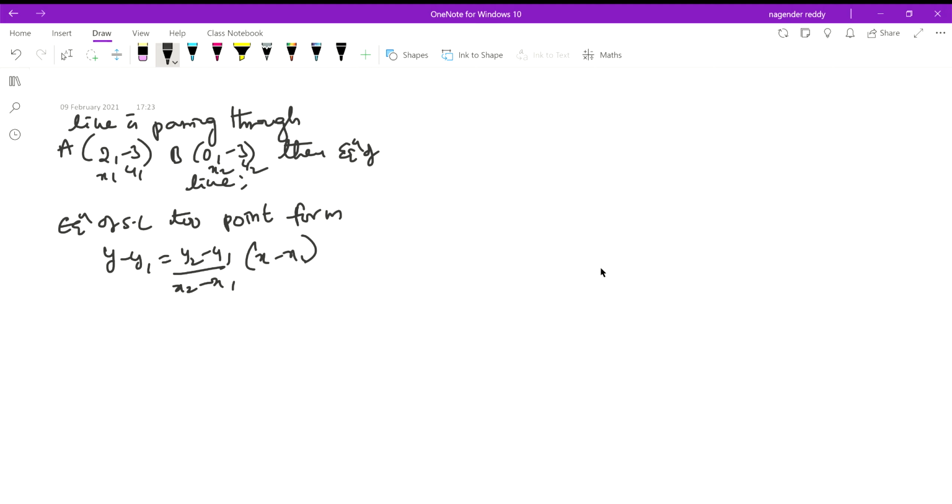Now substitute the values. y minus y1 is y minus (minus 3), equals y2, which is minus 3, minus y1, which is minus 3, by x2 minus x1, that is 0 minus 2, into x minus x1.